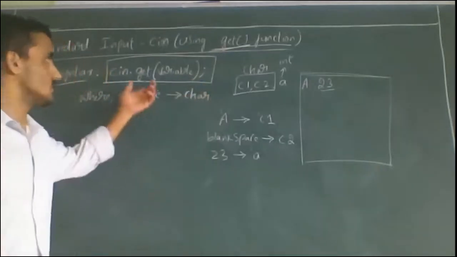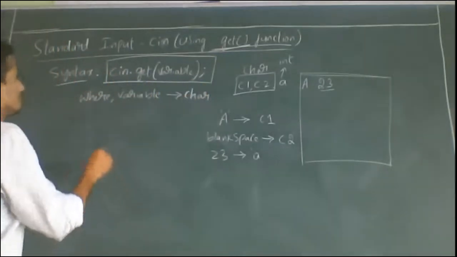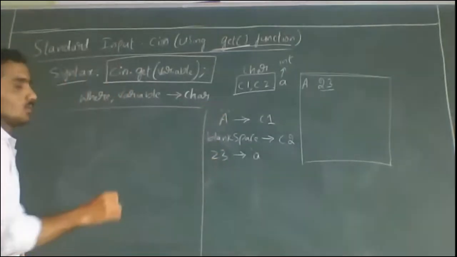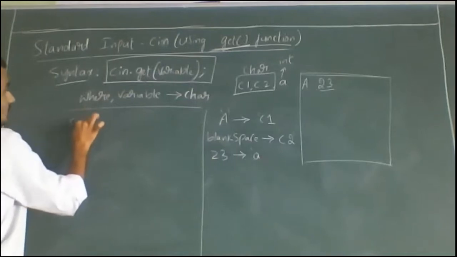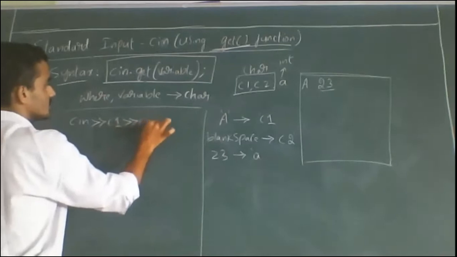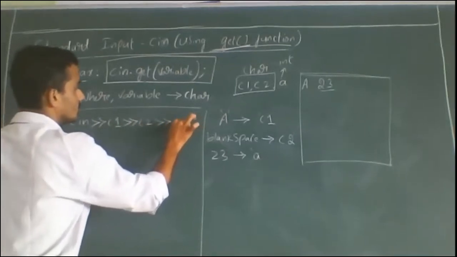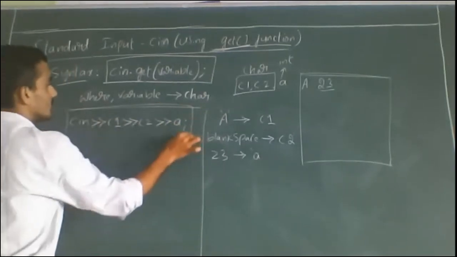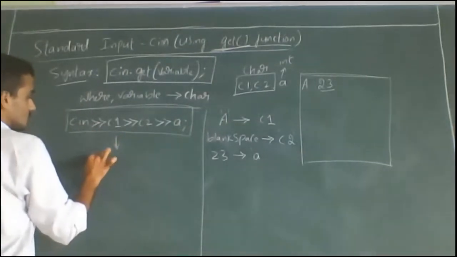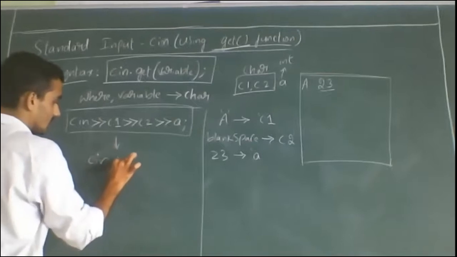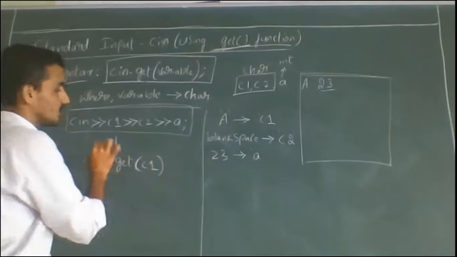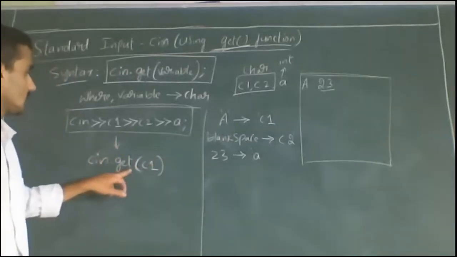Now let us see how to use this. In the previous example, what I have done is cin extraction operator C1, extraction operator C2, extraction operator A. So this was the statement in the previous example. Now the same statement I will write in a different way, that is cin dot get of C1.